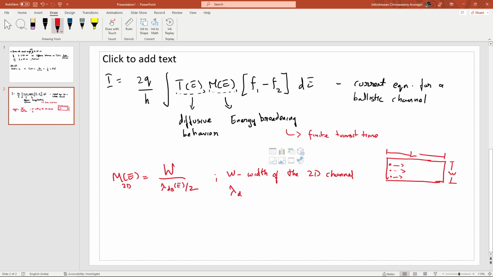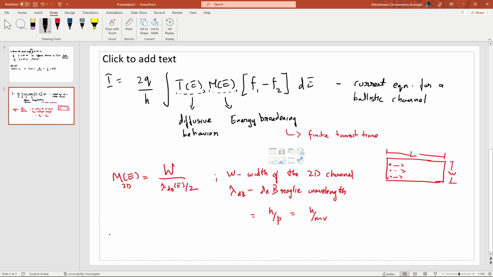Lambda dB is the de Broglie wavelength, and the formula for this is h by p, where p is the momentum, or h by mv. So this is the notion of modes.